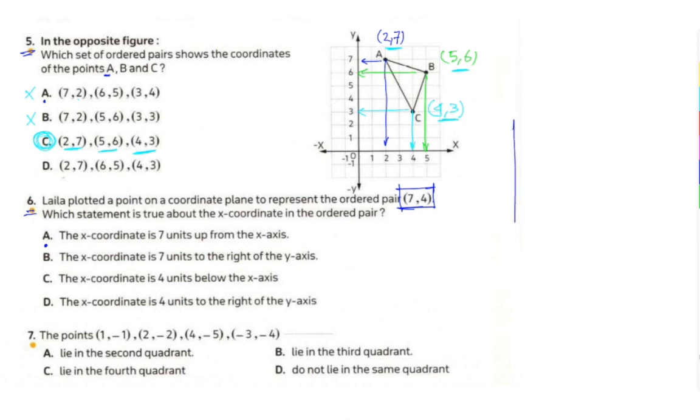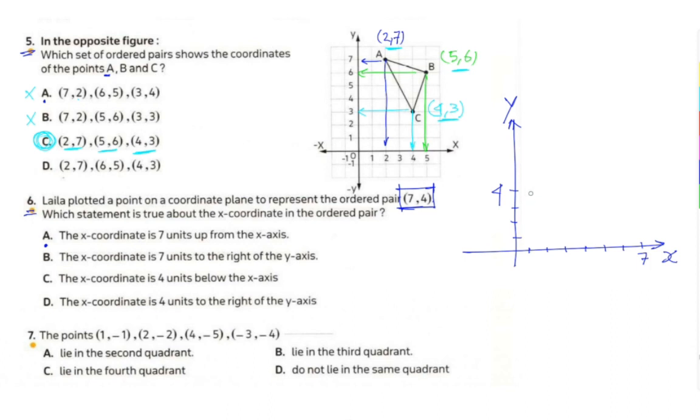So I have this quadrant, x positive and y positive. I have 7 on the x-axis: 1, 2, 3, 4, 5, 6, 7. That's 7. I need 4 on the y-axis: 1, 2, 3, and 4.